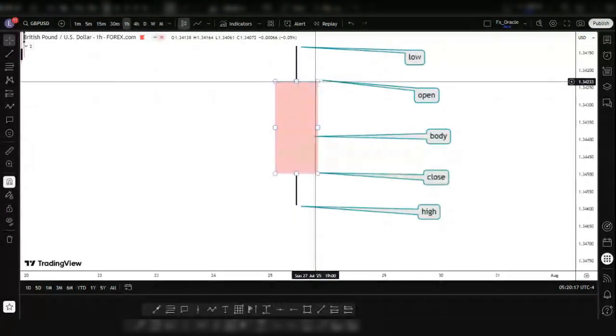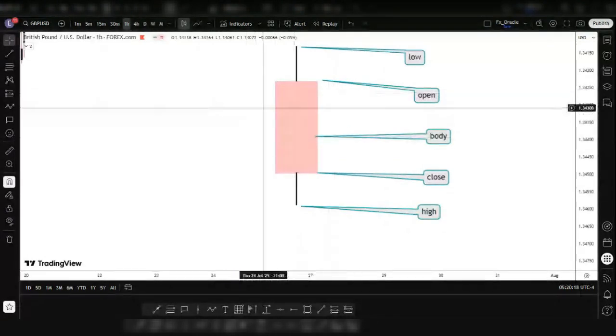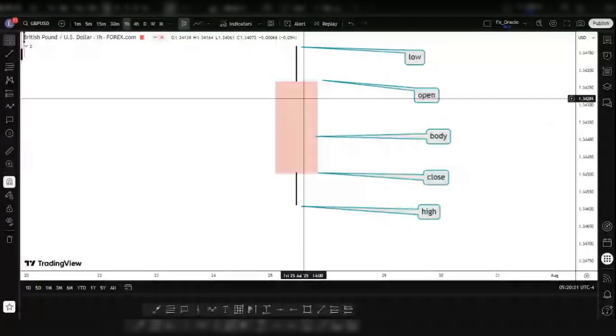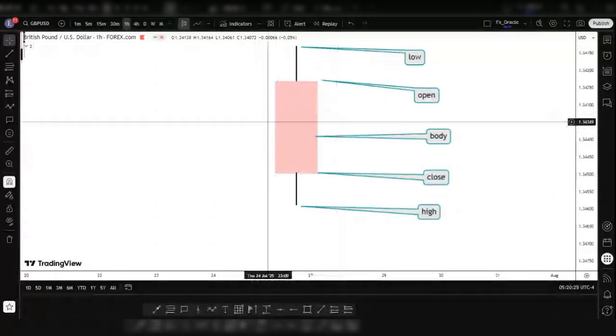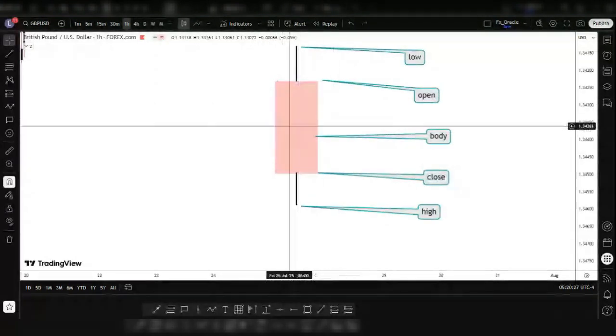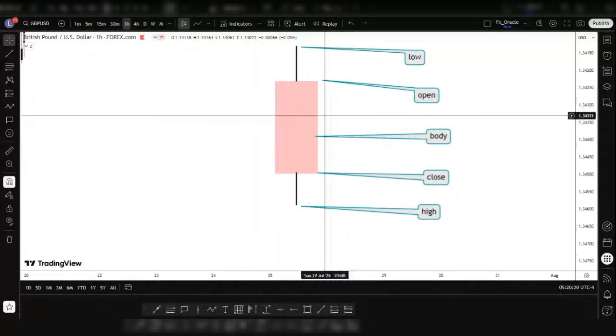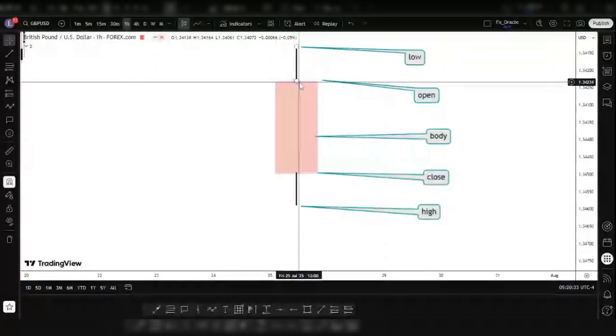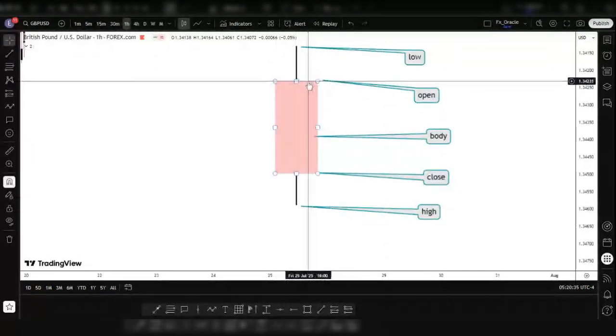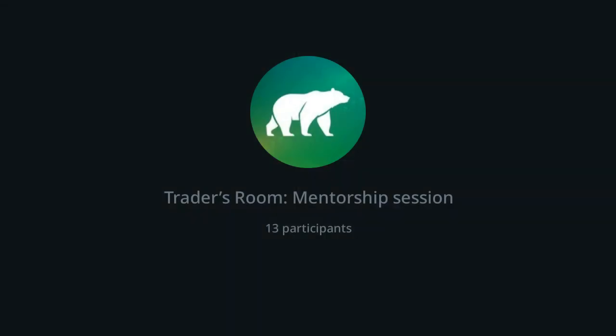Now the color doesn't matter, because some people can even decide to use white throughout on their candlestick body. But what matters is where the closing price is and where the opening price is.